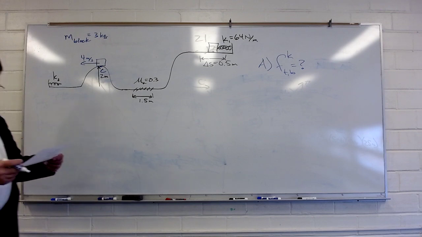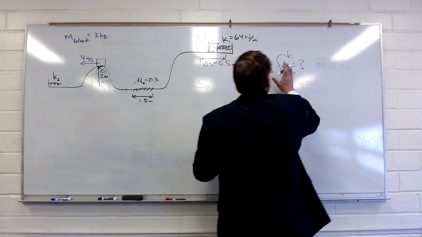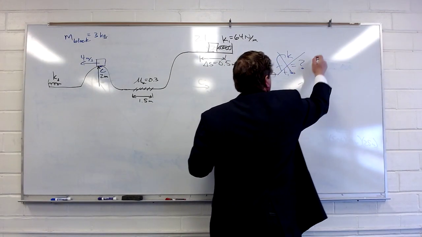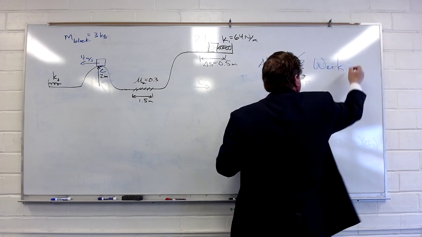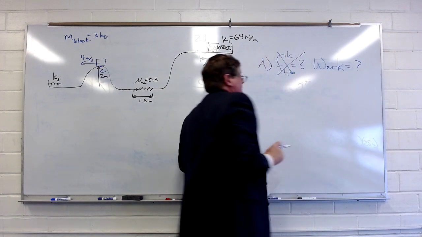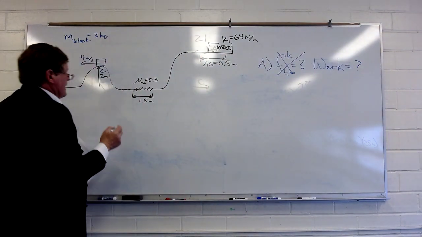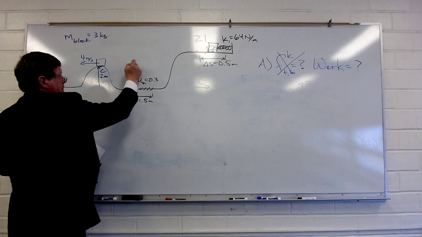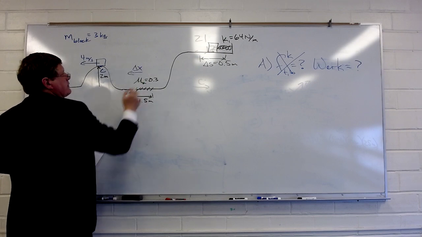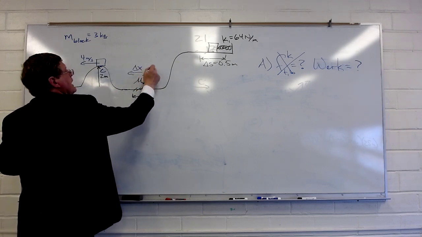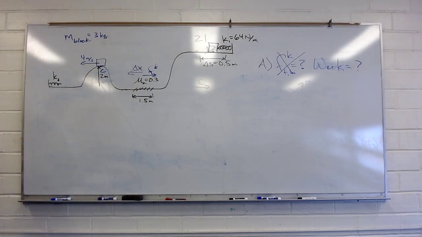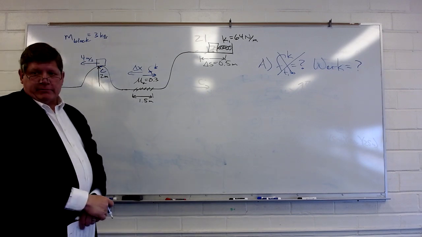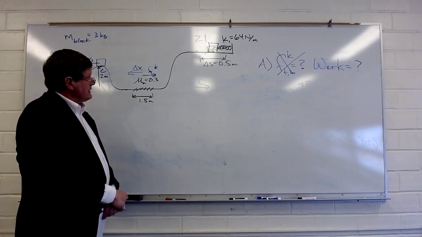Okay, we want to know what is the work done by the friction? Now, as the block moves this way, the friction force on the block is going to be acting that way. And so we know that the answer to part A, it better be a negative number. Okay, we better get something that's negative.